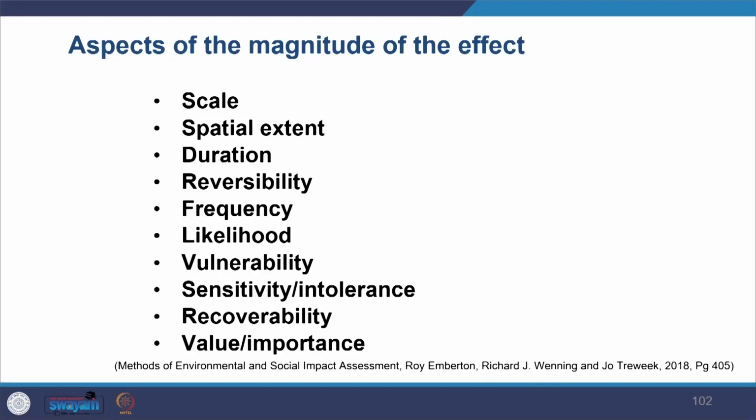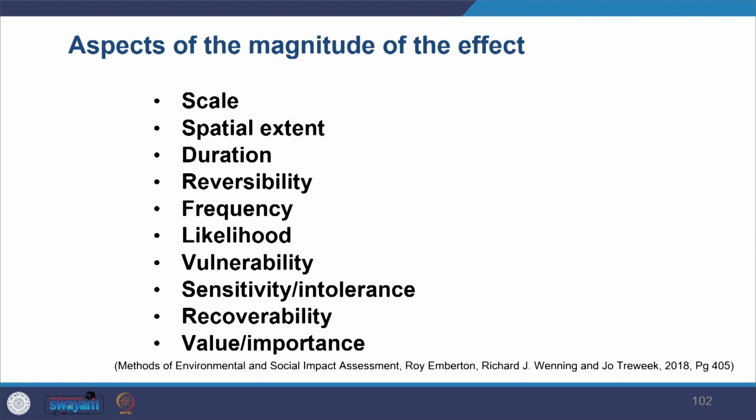While looking at that, you look at these questions, and you remember how we have looked at these questions before also. So while assessing, what's the scale of change which is happening, and how much is the change? Then the spatial extent, what kind of duration there is, and whether that is reversible or not.